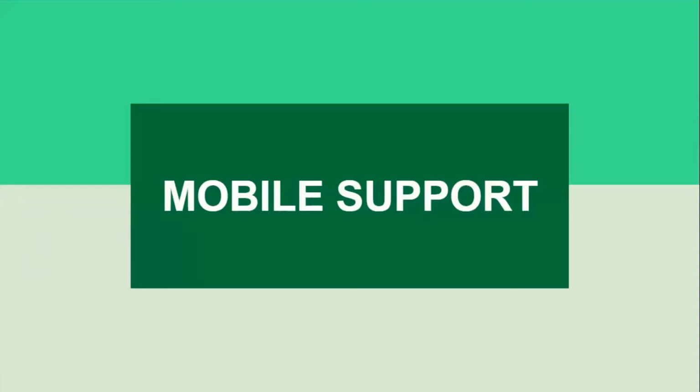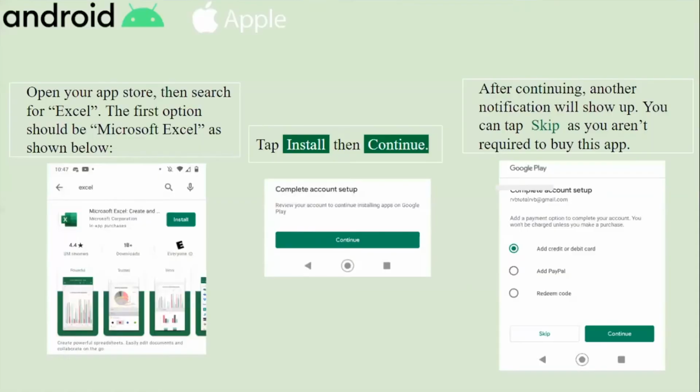So mobile support. As I mentioned before, they have Microsoft Excel on the Android and Apple stores to download. So to get it, over here in this left image, for the Apple Store, you would just open it up and search Excel, and it should be the first option.